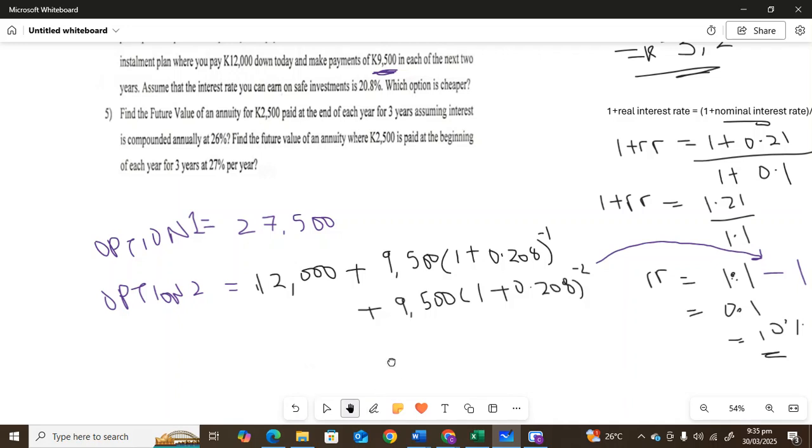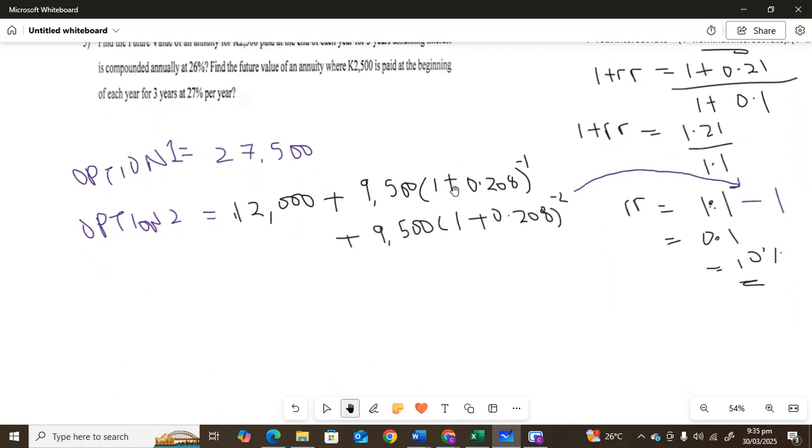Okay. So let's do our tabulations. So 1.208 to the power negative 1. What do we get? Let's get our calculators. 1.208 to the power negative 1.